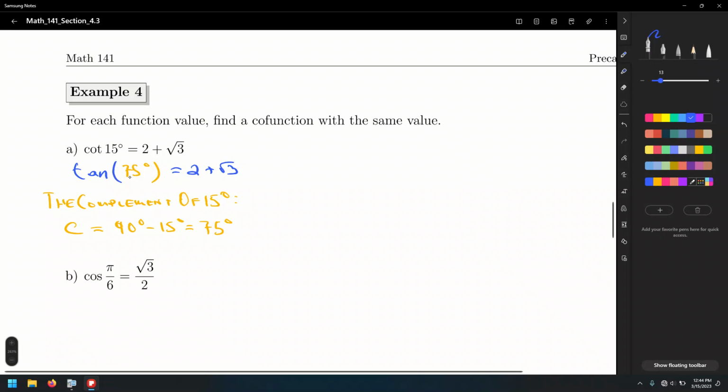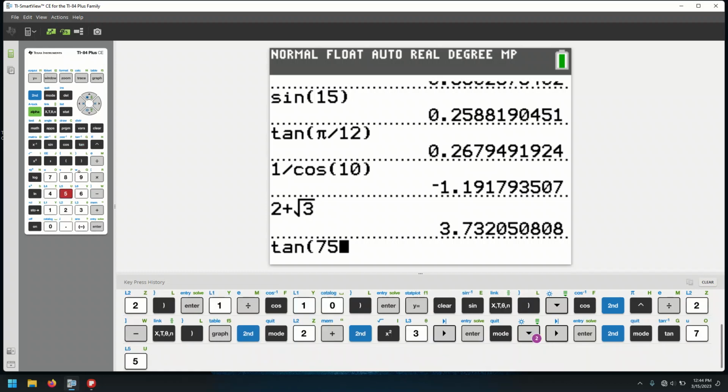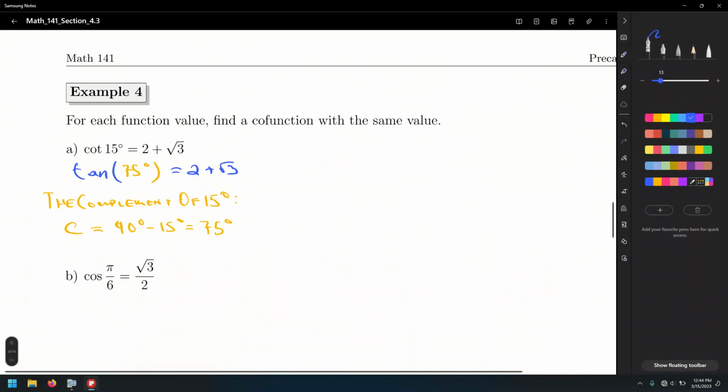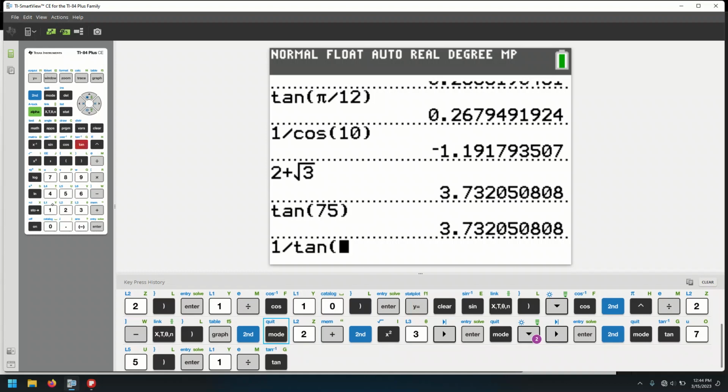and I'm going to compute these two quantities: cotangent of 15 and tangent of 75. So tangent of 75 first. Do you see how I get the same result? Again, careful, because cotangent is not in the catalog of trigonometric functions on our graphing calculator, so I have to do 1 divided by tangent, because that's the cotangent function, in this case of 15 degrees.